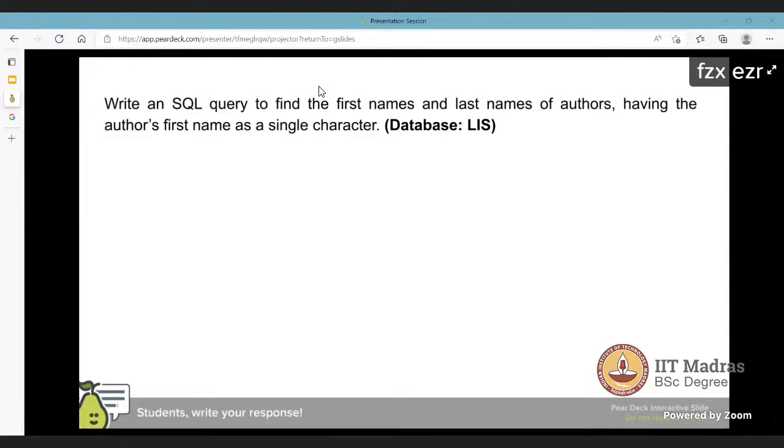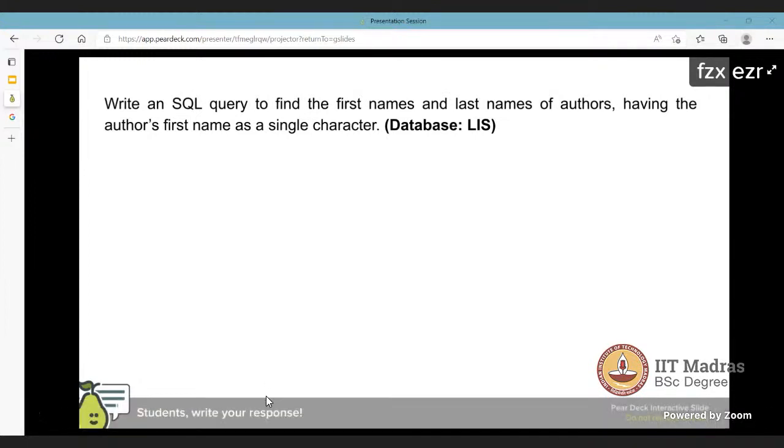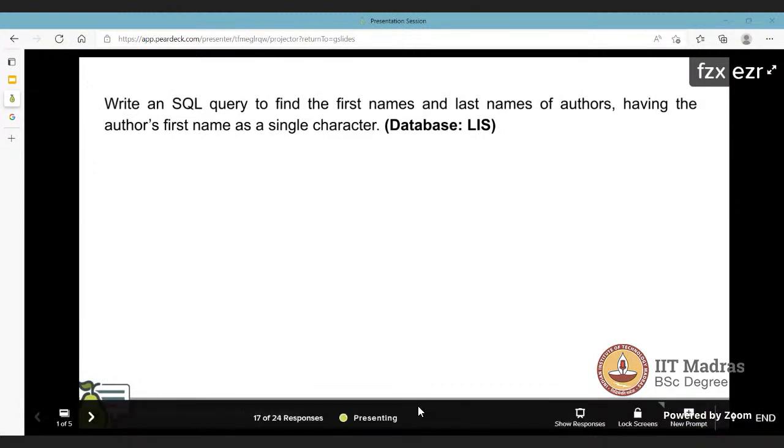Okay, so shall we go for the responses, or has anybody not answered yet? I can only see 17 responses out of 24. Shall we move to the responses? Yes. Okay.